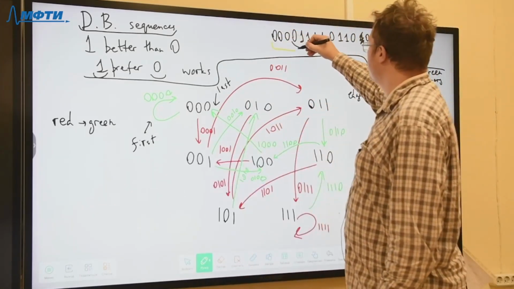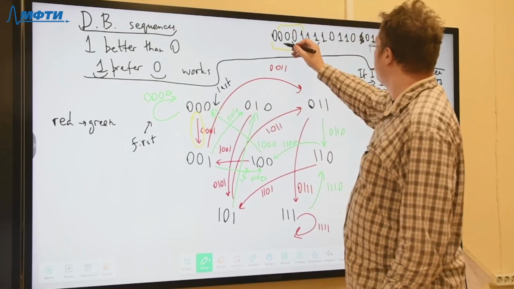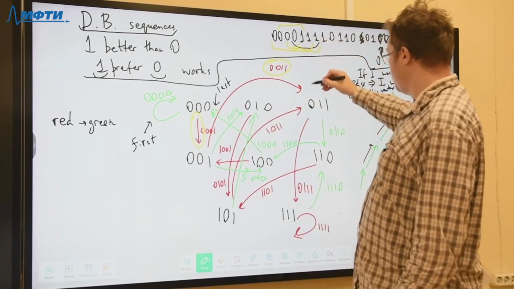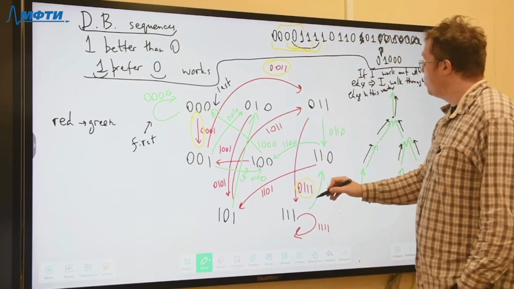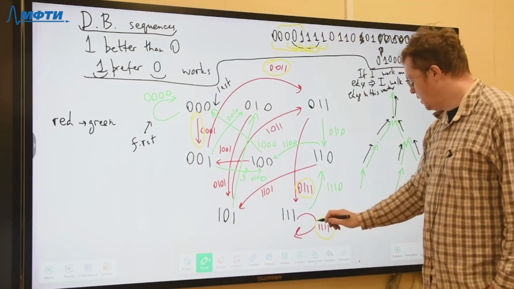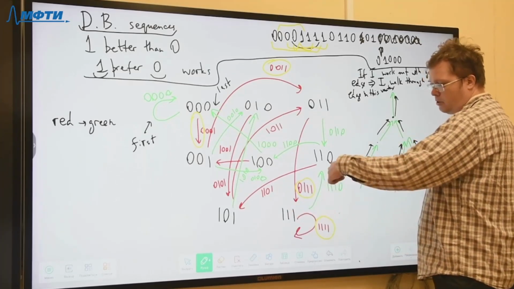So I start with 4 zeros, then it will be 0, 0, 0, 1, it's this edge, then it will be 0, 0, 1, 1, which is this edge, then 0, 1, 1, 1, which is this edge, and so I go through all the red edges and this one, and so now I use all red edges, and so I need to use green.